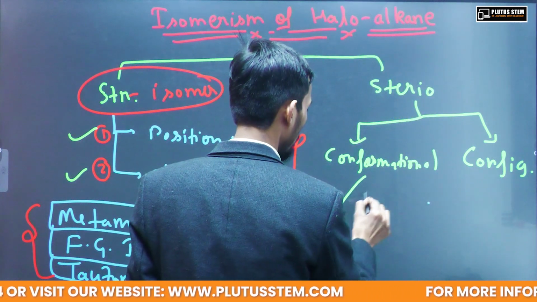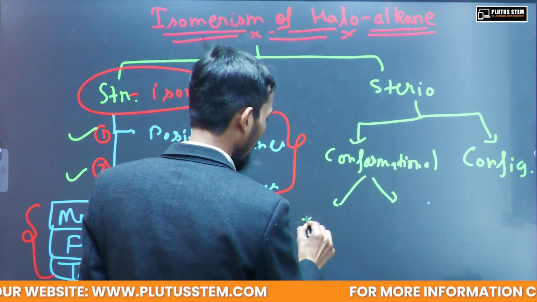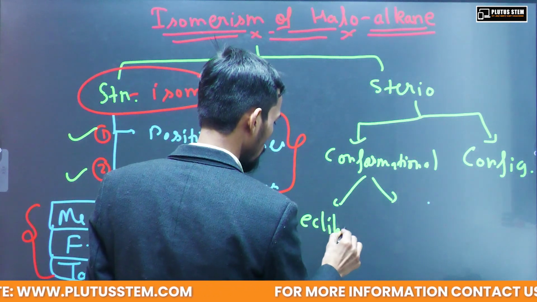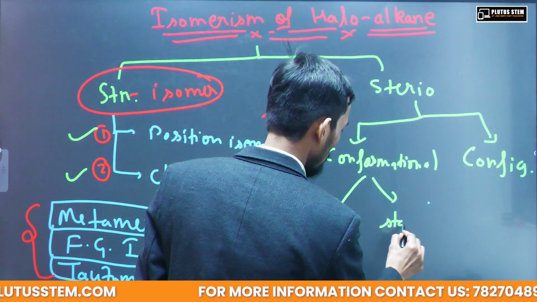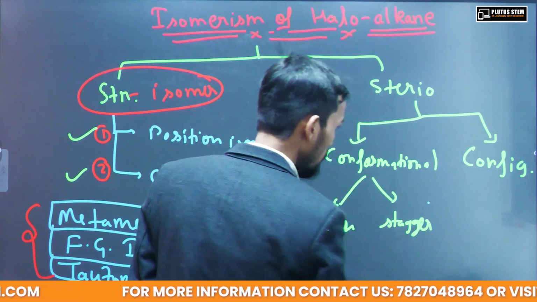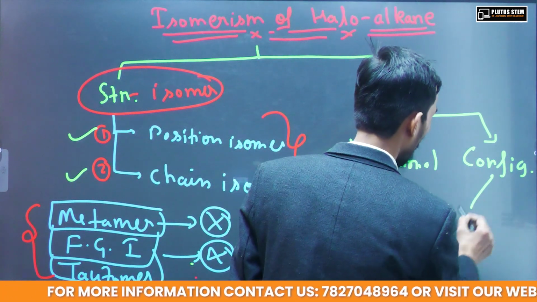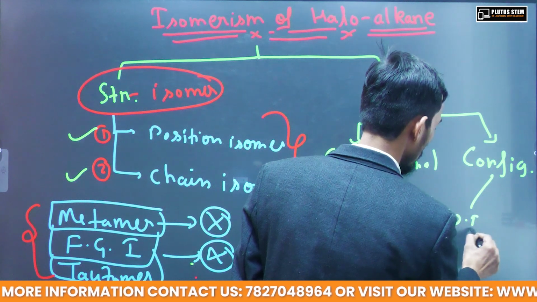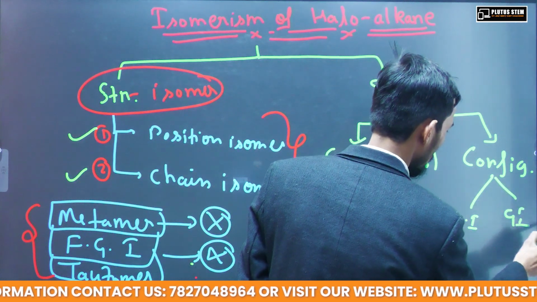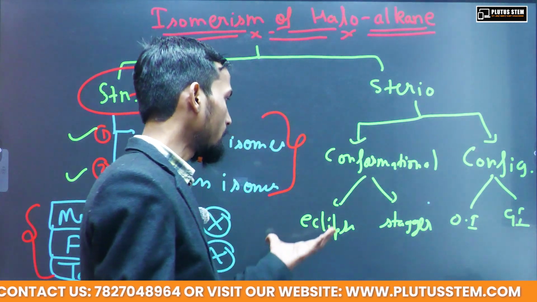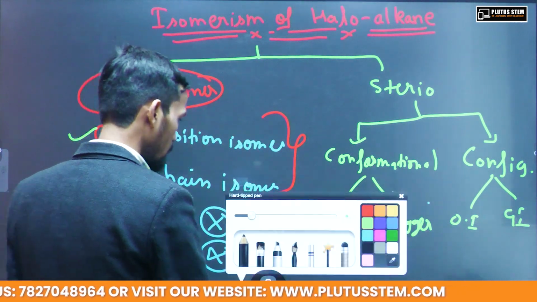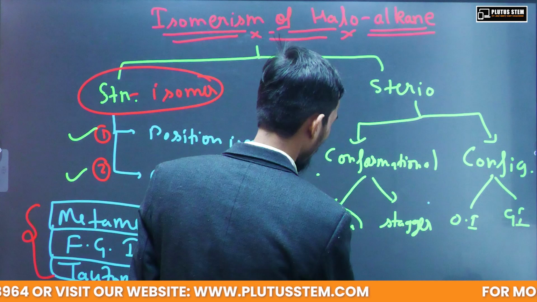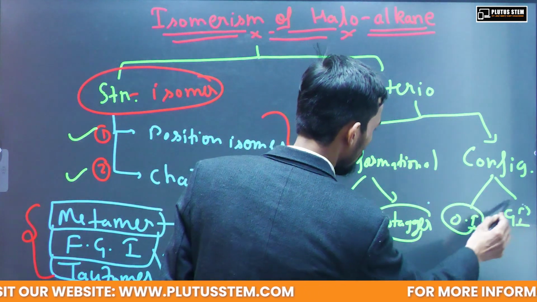In conformational we will have eclipsed and staggered. In configurational we will have optical isomers and geometrical isomers. So we will see, are these possible in haloalkanes? Yes. We will see all of these: eclipsed, staggered, optical, geometrical.